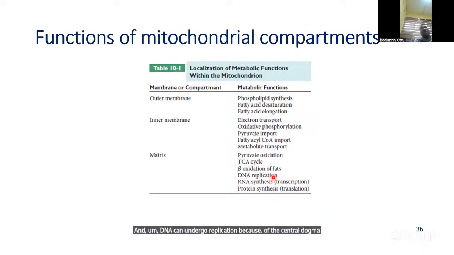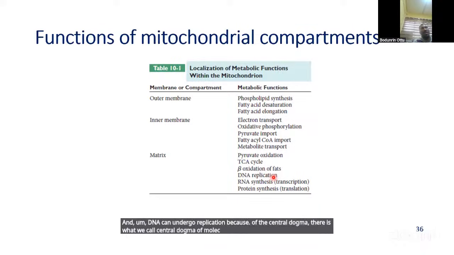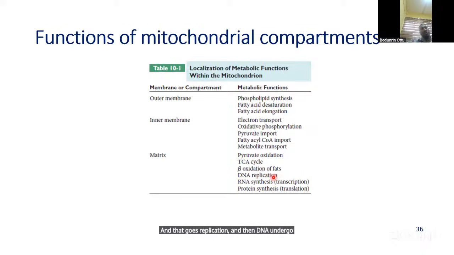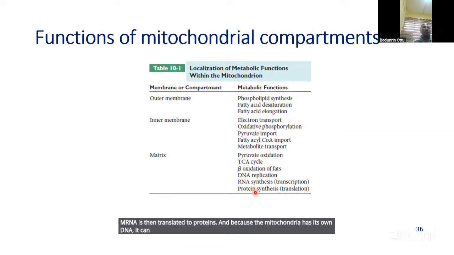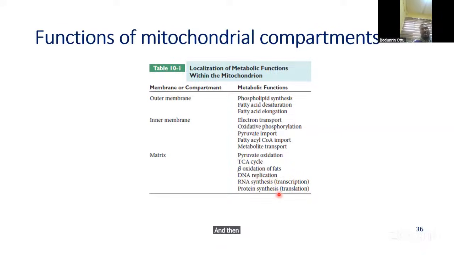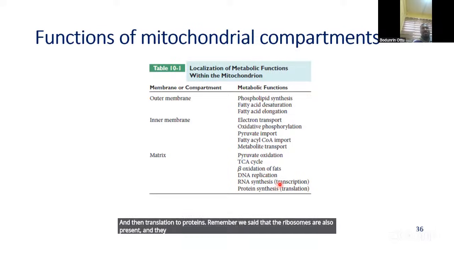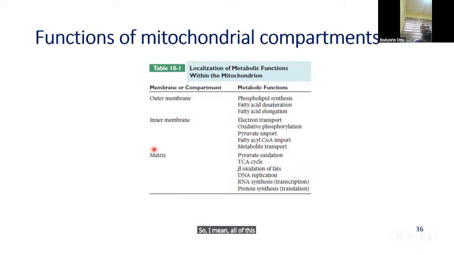There's what we call central dogma of molecular biology, where DNA undergoes replication, and then DNA undergoes transcription into mRNA. mRNA is then translated to proteins. Now, because the mitochondria has its own DNA, it can undergo transcription to RNA and then translation to proteins. Remember, we said that the ribosomes are also present and they're able to synthesize proteins. So, all of this happens within the matrix of the mitochondria.